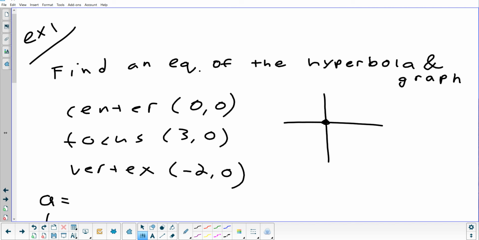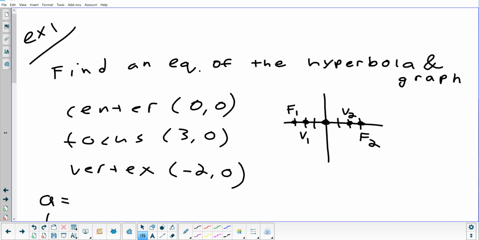There's your center. Your focus is 3 units to the right. And you have a vertex 2 units left. Where do I have another focus? 3 units left. Yeah, so here's a focus right here. And where do I have another vertex? 2 units right.